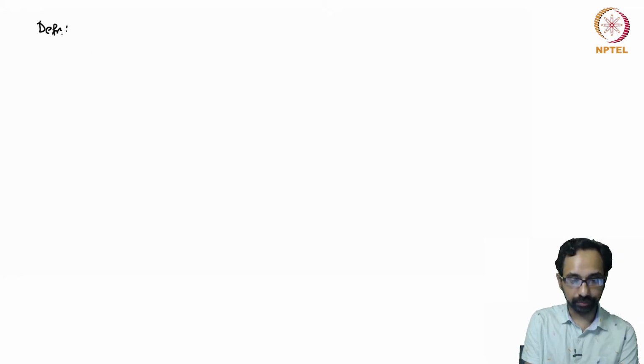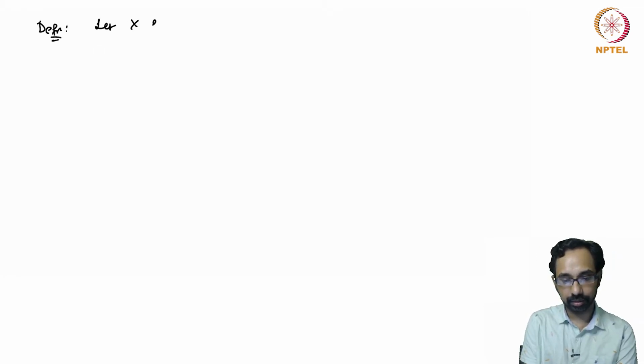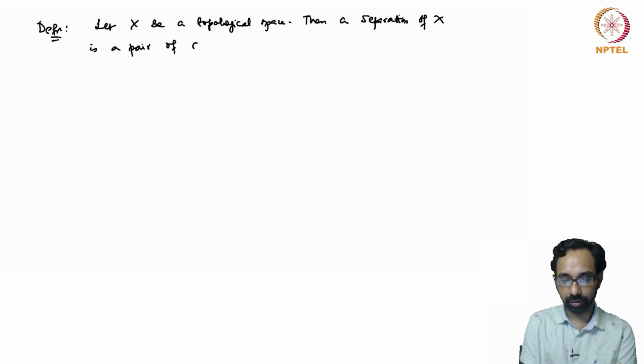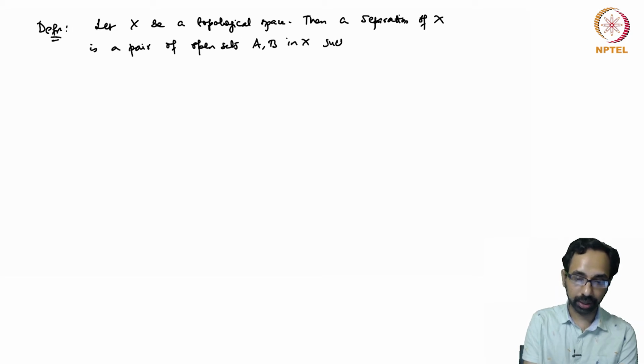So, definition. Let X be a topological space, then a separation of X is a pair of open sets A and B in X, open non-empty. So let me add this here, open non-empty sets.